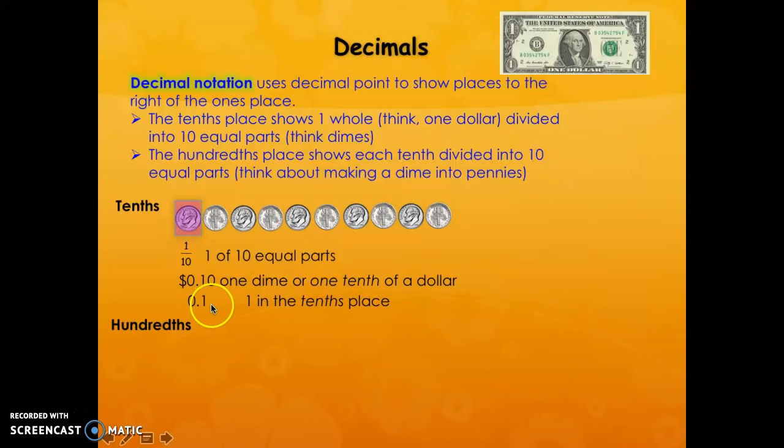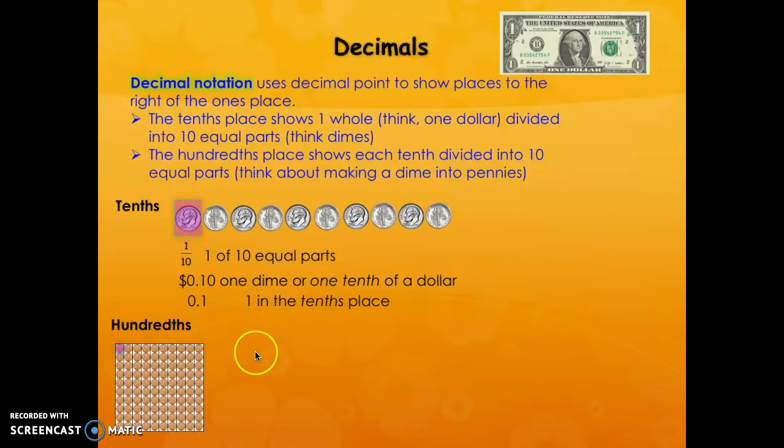Now, the next place over is hundredths. So that would be like taking 100 pennies. So we have 100 pennies here, which makes 1 whole dollar. And if I was talking about just 1 penny, okay, notice up here it was 1 dime, but 1 penny would be 1/100th, or 1 out of 100 equal parts.